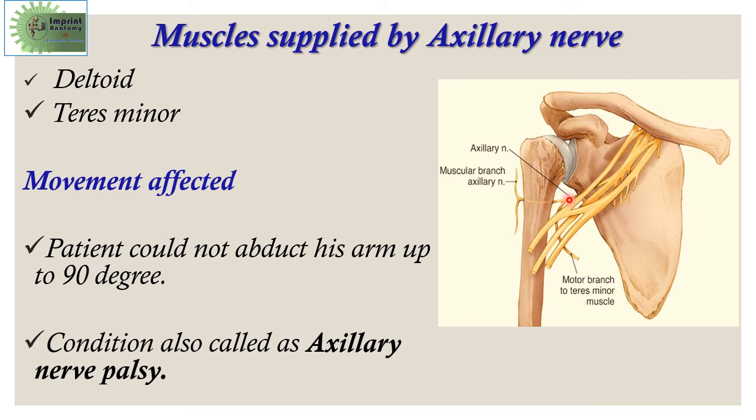When these branches are affected, the patient cannot abduct his arm up to 90 degrees. And this condition, where the patient is unable to abduct his arm, along with the loss of sensation, is also called axillary nerve palsy.